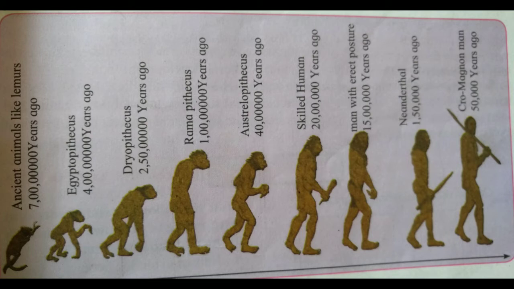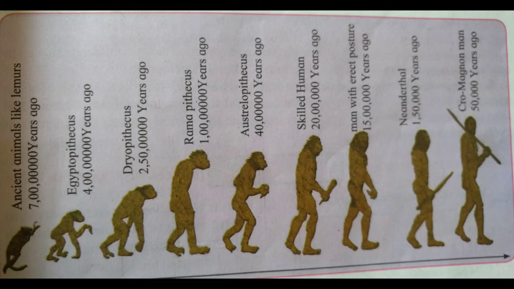These ape-like animals started moving from their own place in search of food and reached South and Northeast Asia, and then they finally evolved into gibbon, big monkey and orang-utan.